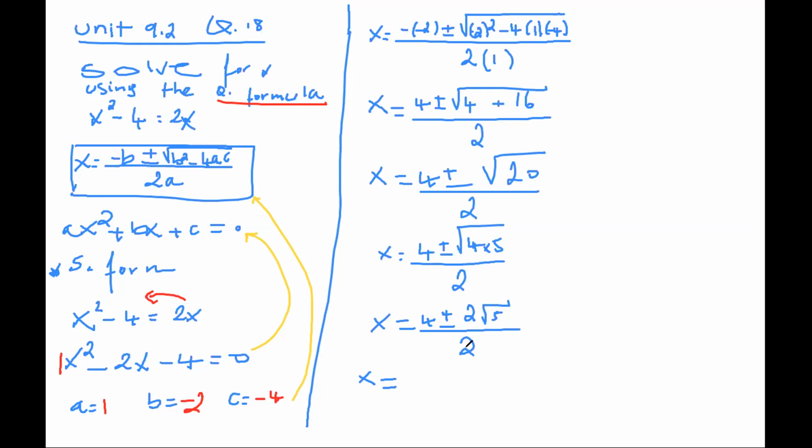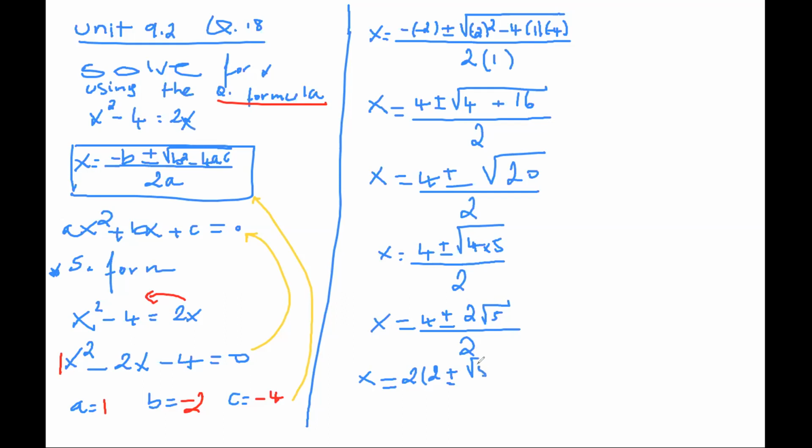We want to cancel these two, but we want to factor out 2 from here, move it to the front, and then cross them out. So the common factor between these two is 2. So we're going to put parentheses. If you move 2 outside, or if you divide by 2, what's left here? 2. Plus minus. If you move these 2 out to the front, what's left? Radical 5. Just radical 5.